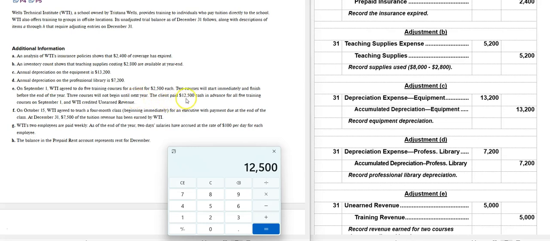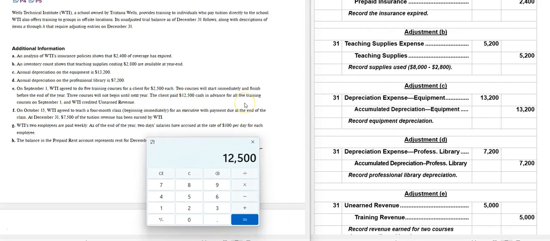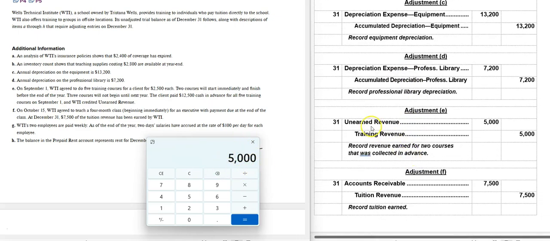But we did provide 2 of the courses that the customer prepaid for. So if the customer prepaid $2,500 per course and we have provided 2 of them, we have paid off $5,000 of that liability by providing the service, which means the liability needs to decrease $5,000.